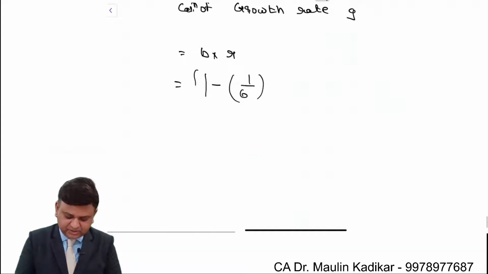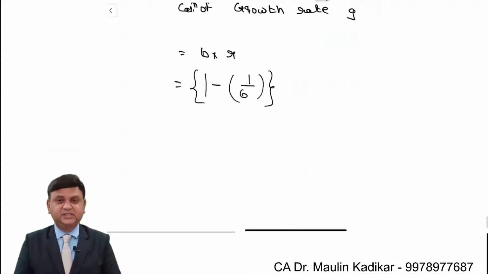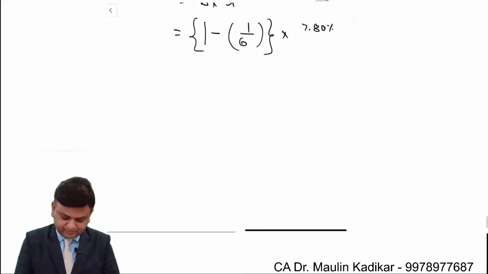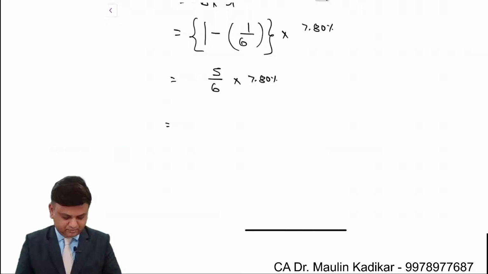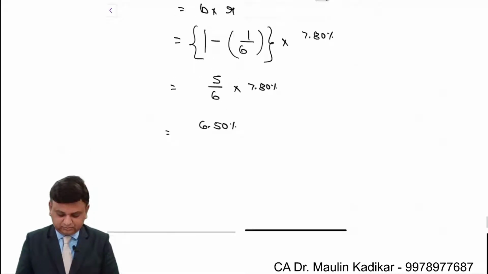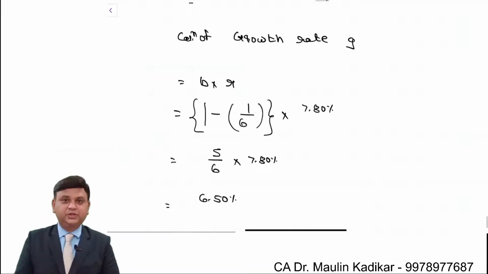Okay, because dividend payout ratio is 1 by 6, so the retention ratio is 5 by 6 into 7.8 percentage. So 5 divided by 6 into 7.8 percentage comes to 6.5 percentage. That is the way the growth rate is supposed to be found.